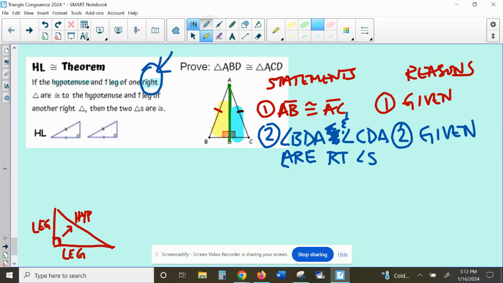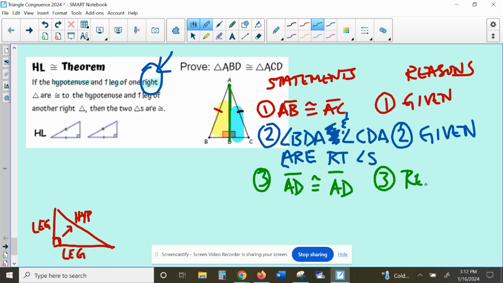So we can use the reflexive property. We can say that side AD is congruent to side AD. And the reason for that is the reflexive property.